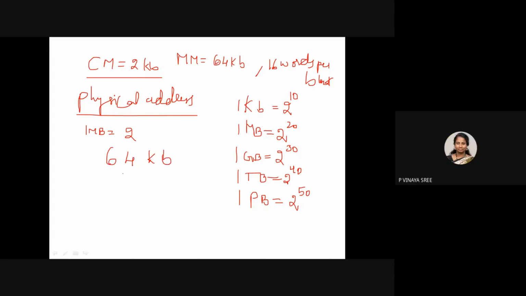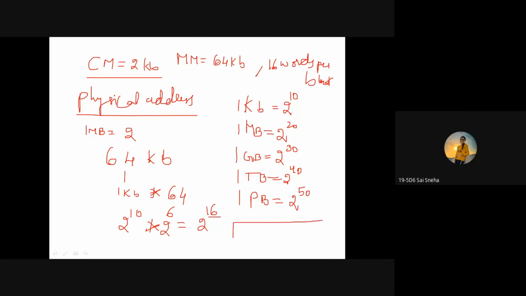I can write this as 1 KB into 64. 1 KB is 2 power 10, and 64 is 2 power 6. So it equals 2 power 16. That means for the physical address, how many bits do we need?